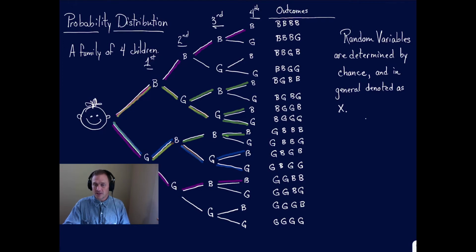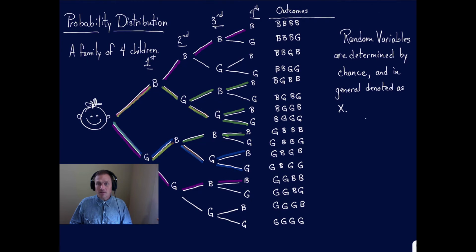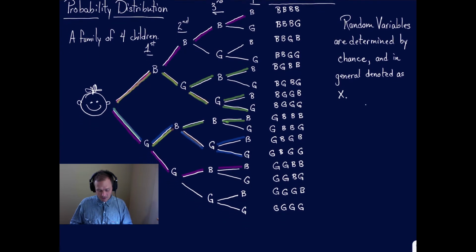Capital X. In statistics, we tend to use a capital X. And I'm going to show you how we use that capital X as we proceed here. So we're going to have to keep this in mind, and we're going to be going back and forth, and that's okay. Here we go. Come with me, and let's put together a probability distribution.